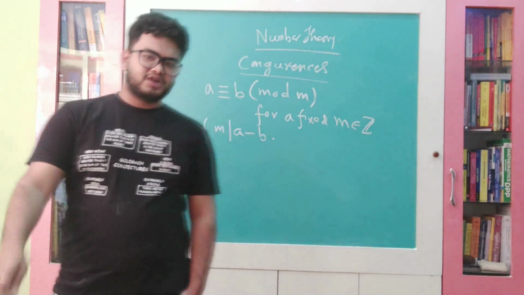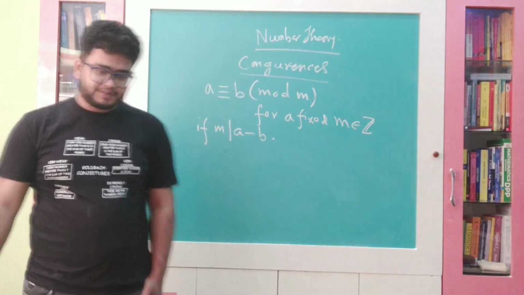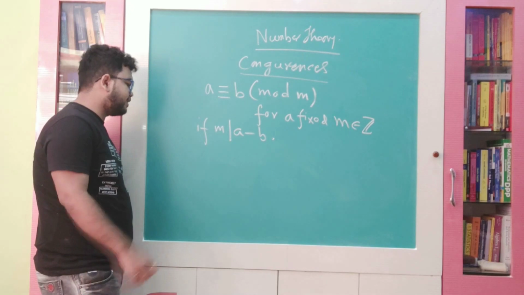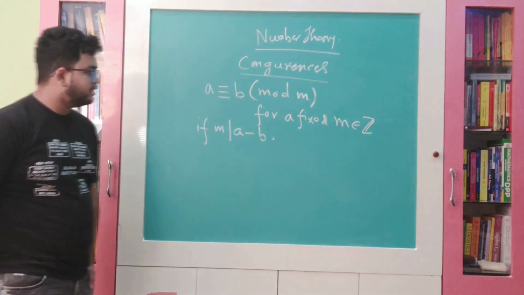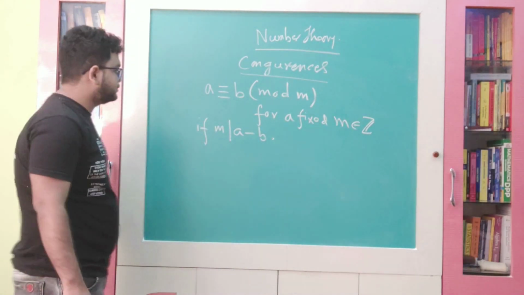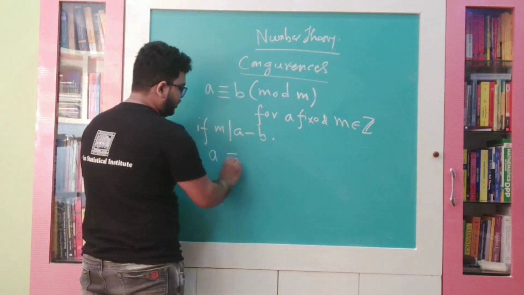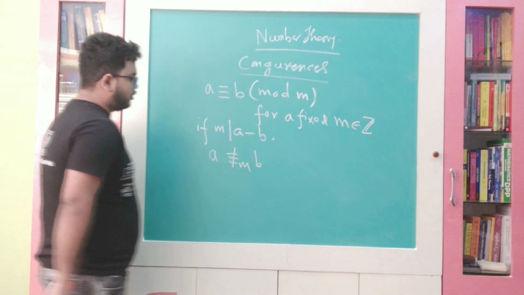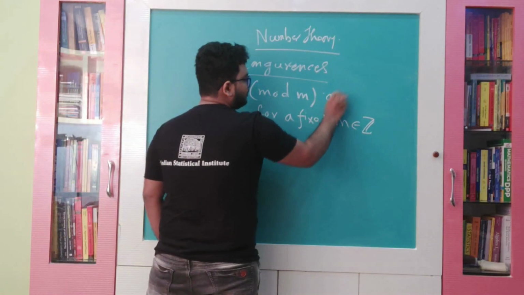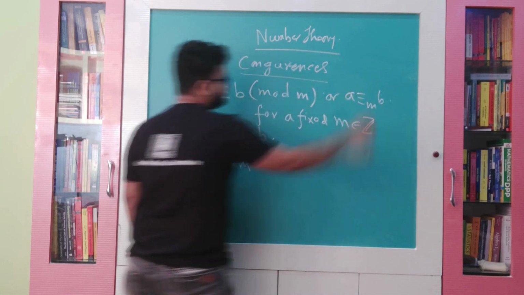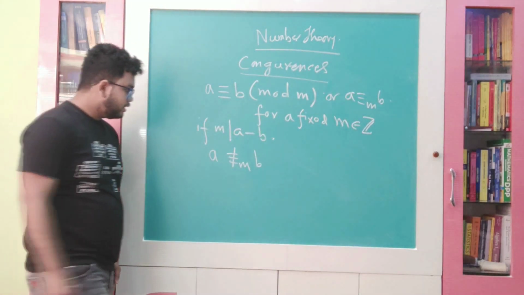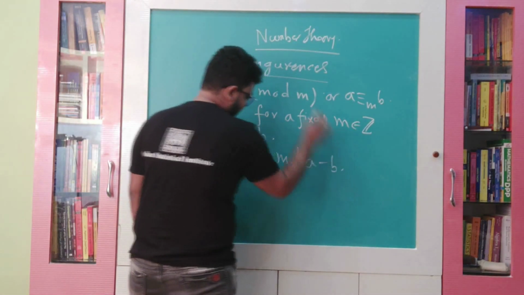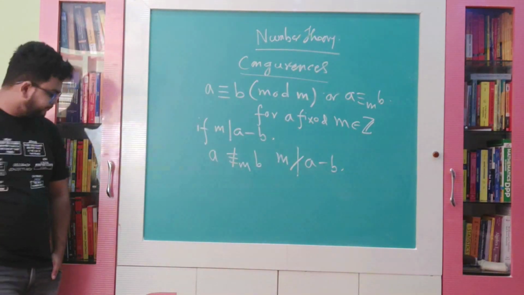A is not congruent to B modulo M, also denoted by the not-congruent notation, if M does not divide A minus B.